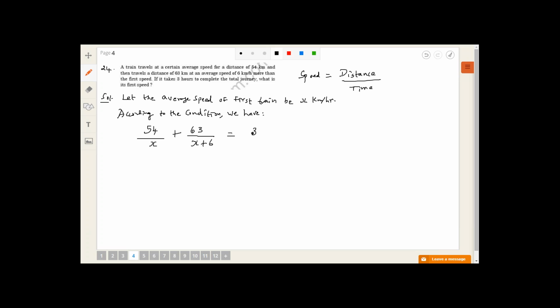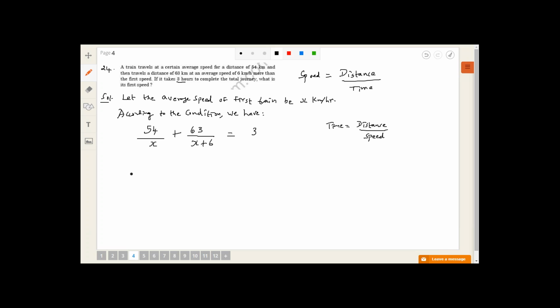And this is equal to 3 hours, because when speed is equal to distance by time, then time will be equal to distance by speed. It says it takes 3 hours to complete the total journey, so the to and fro journey totally takes 3 hours.